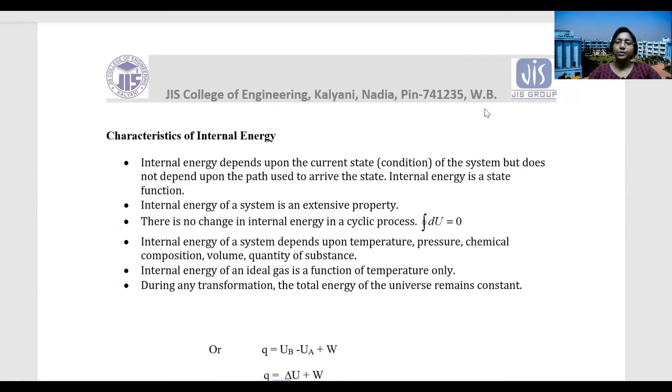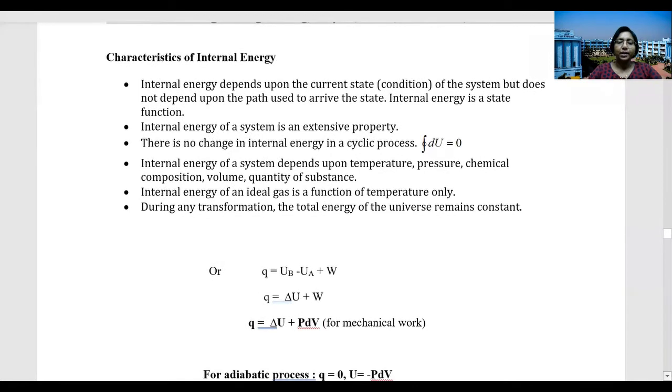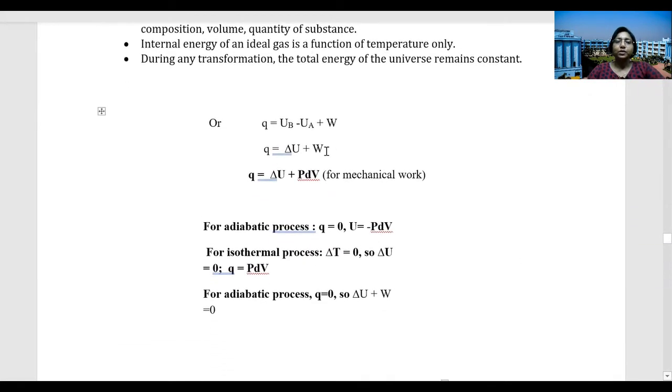Now what I was telling, the first law of thermodynamics in the form of internal energy will be Q is equal to UB minus UA plus W. Or you can write it in the form of del U, or del E. Both are representations of internal energy, either U or E. So here we can write Q is equal to del U plus W. Q is the heat energy, W is the work done, and del U is the change of internal energy.